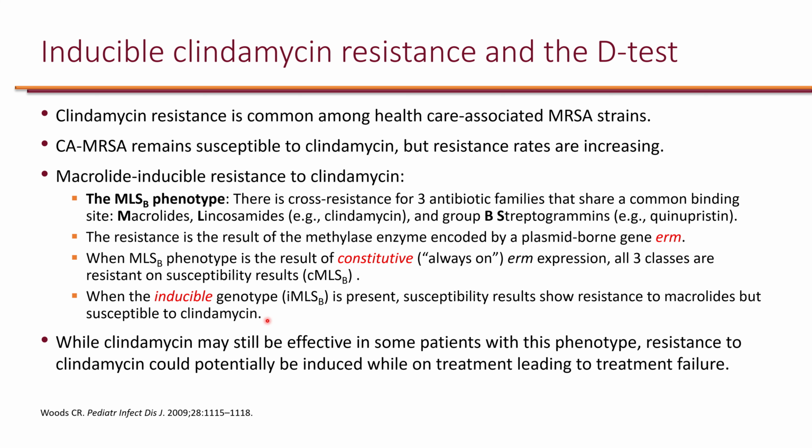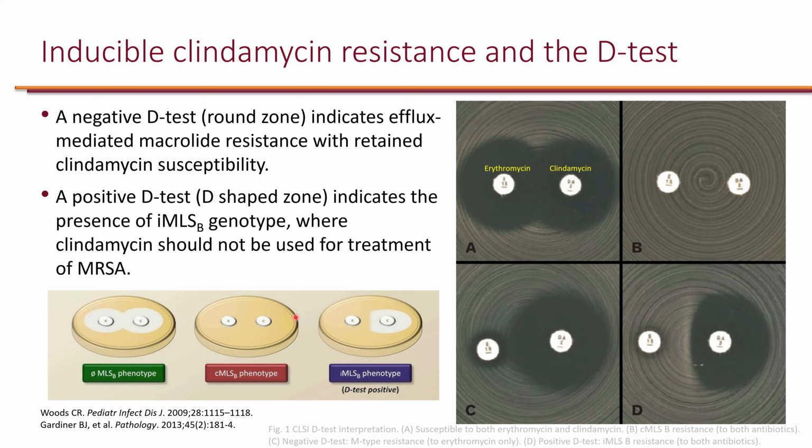And then while the patient is receiving clindamycin while on treatment, resistance might emerge and lead to treatment failure. So the way to catch inducible resistance is to do the D-test. So the D-test is essentially that when you have a plate, so here's a cartoon over here. So you have your agar plate where your Staphylococcus aureus is growing, and you drop two discs. One disc has erythromycin, the other one has clindamycin.